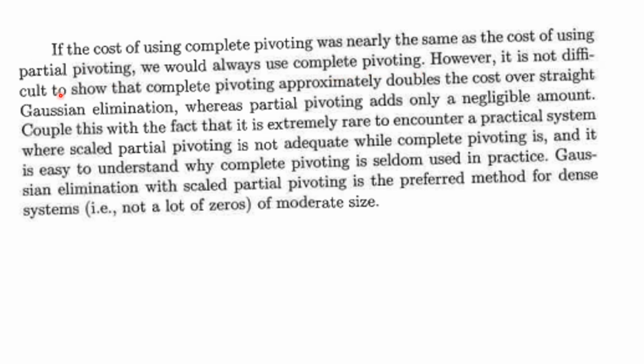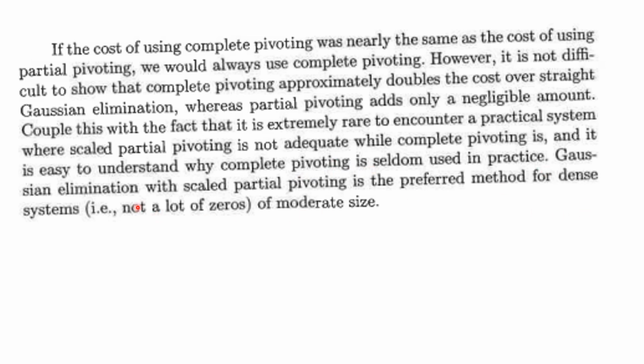However, it's not difficult to show, and a serious student might want to do this, that complete pivoting nearly doubles the cost over straight Gaussian elimination, and partial pivoting adds only a negligible amount. Couple this with the fact that it is extremely rare to encounter a practical system where scaled partial pivoting is not adequate and complete pivoting is, and it's easy to understand why complete pivoting is seldom used in practice.